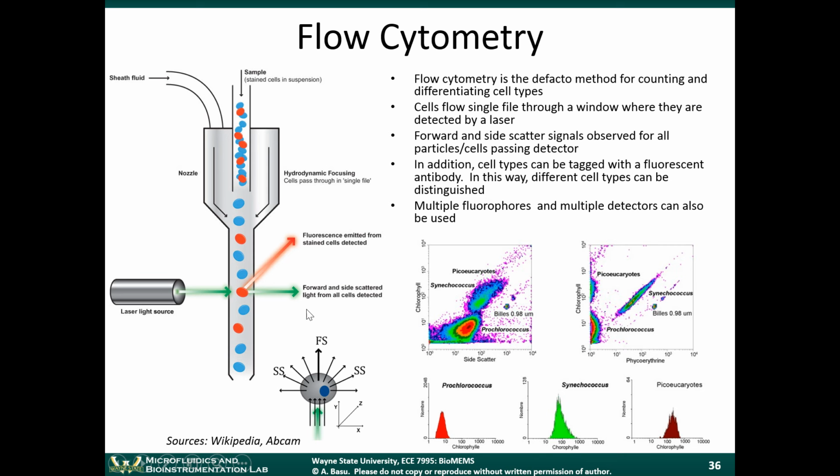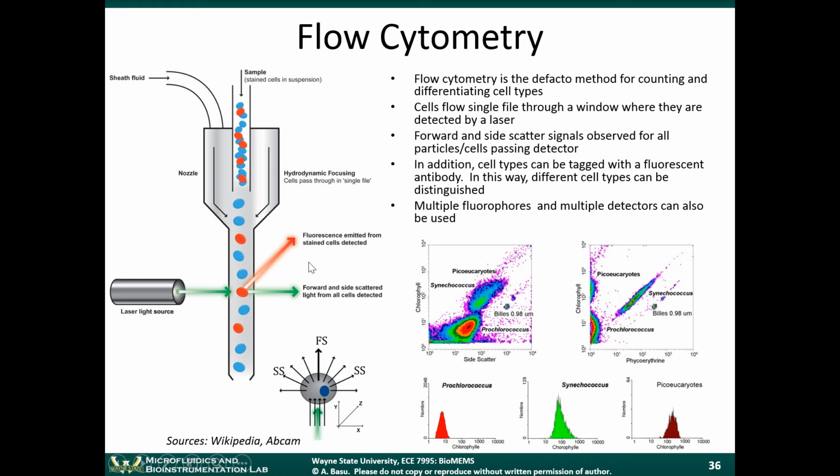If you place a light detector here, this is called the forward scatter. When the cell passes through, this light will get blocked, and the change in light can be detected by placing a light detector here. You could have a detector that's placed off to the side, 45 degrees off the axis, and that's called side scatter. And the fluorescence detector is also placed in this region.